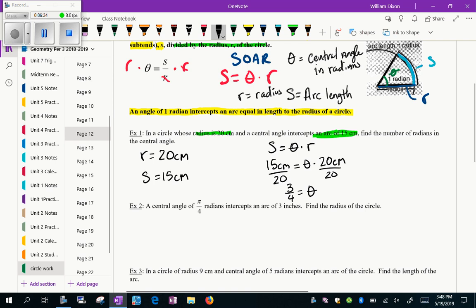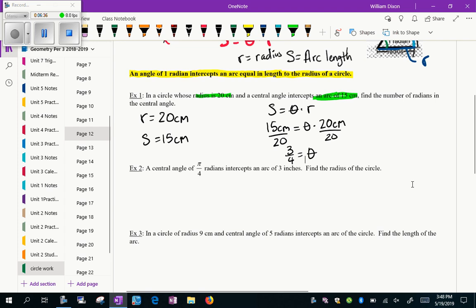Okay, let's take a look at number 2. Number 2 says that a central angle of pi over 4 radians intercepts an arc of 3 inches. So let's highlight. Again, I think highlighting is important. So the central angle is pi over 4 radians, and the arc is 3 inches.